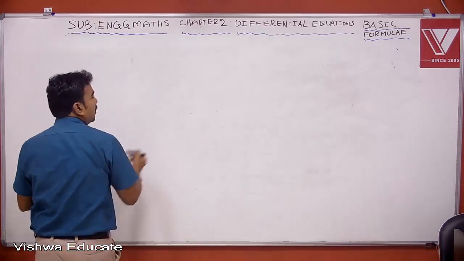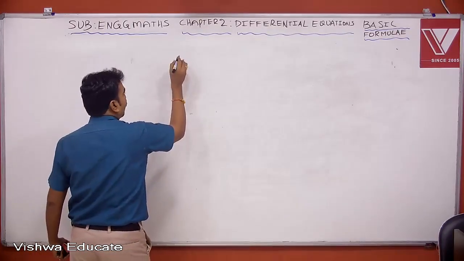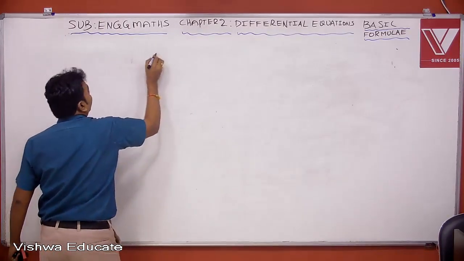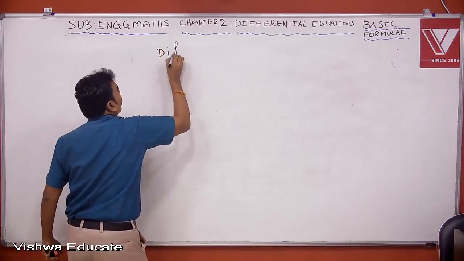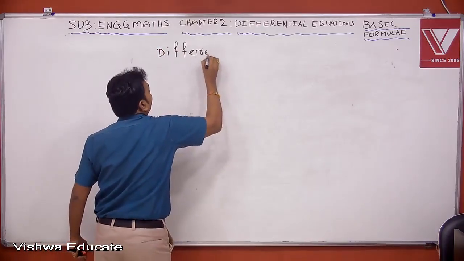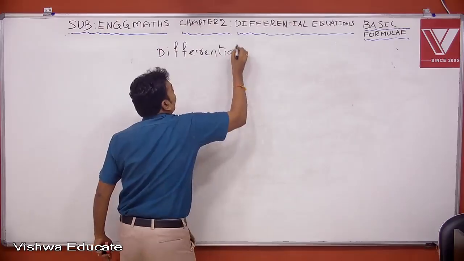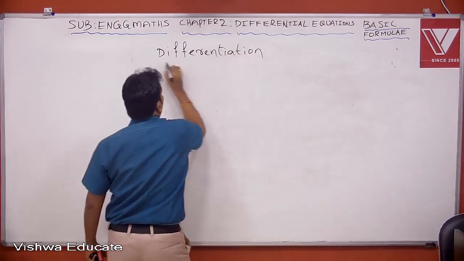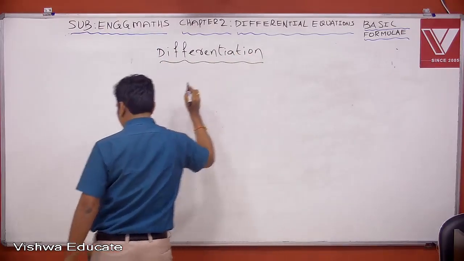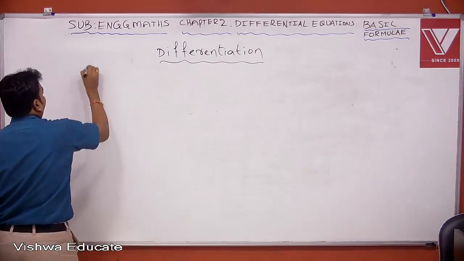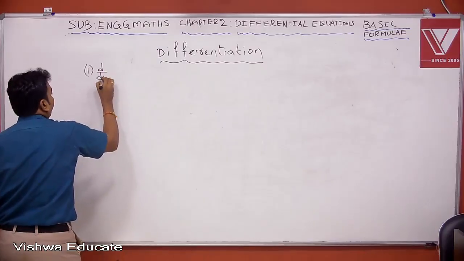So at first, we read the differentiation formulae. We start with d by dx of x power n.